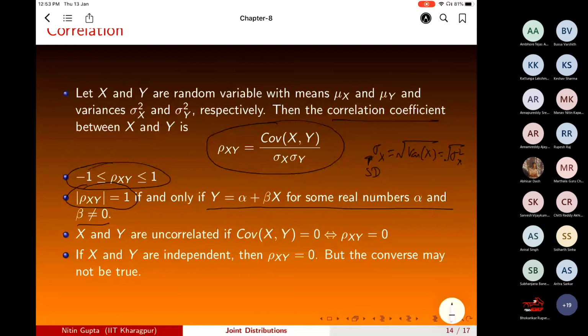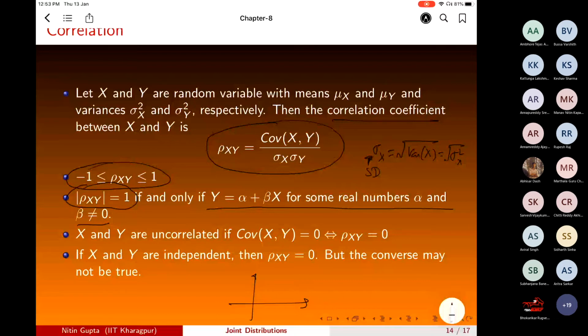That means if the correlation coefficient is 1, then x and y basically lie on a straight line. So that means there is a positive association between x and y if the correlation coefficient is 1.